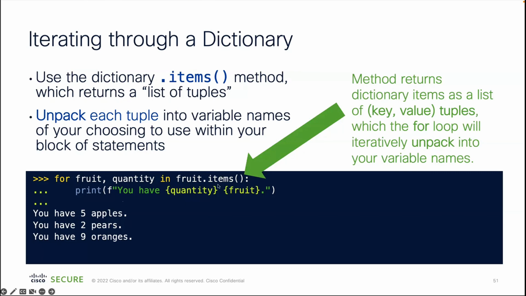You would need to use the method items, which will give you the key as a string and the actual value from that dictionary in separate variables. And then you see we use f-string format here to print out those two variables. And then when we iterate to the next key value pair in that dictionary, these two variables will change in the next loop iteration, and they will change again in the next loop iteration, and so on. And you see what we are printing out here.